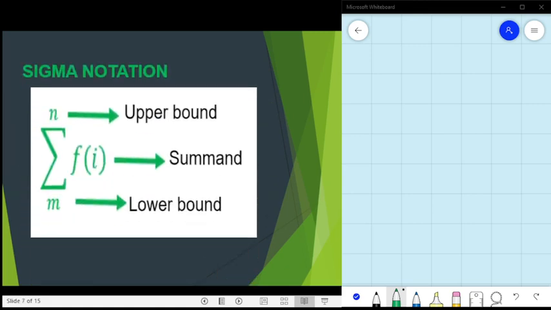So the n here is the upper bound, the f of i is the summand, and the m is the lower bound.